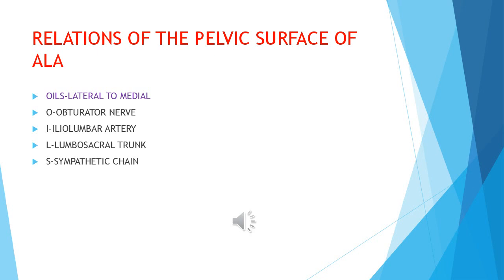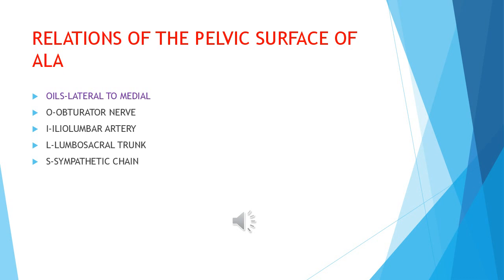Another important thing you have to remember regarding the relations of the sacrum is the pelvic surface of the ala. From lateral to medial, you can remember the mnemonic OILS. O stands for obturator nerve.